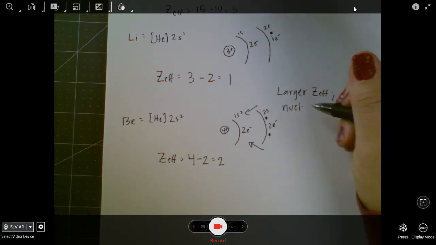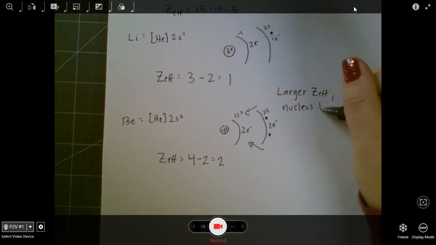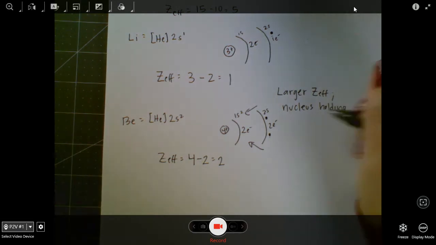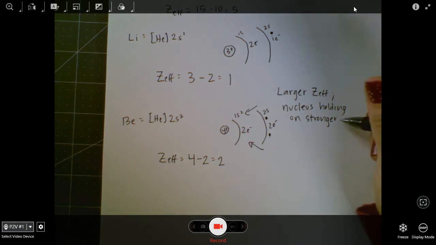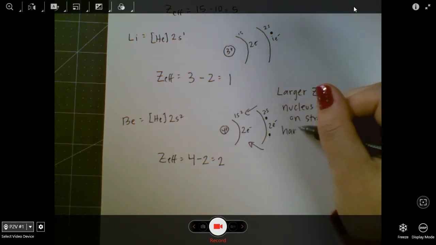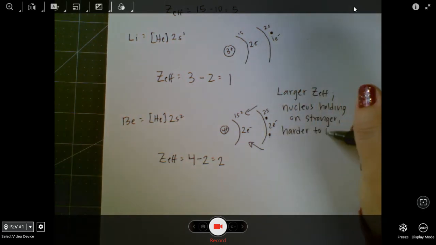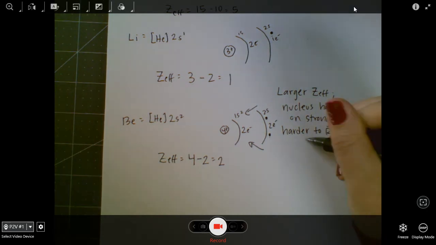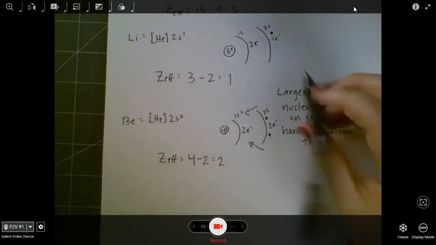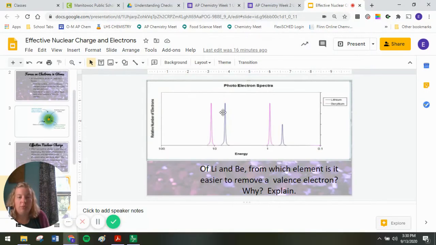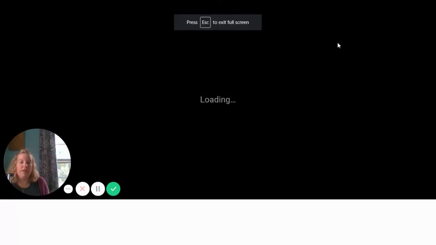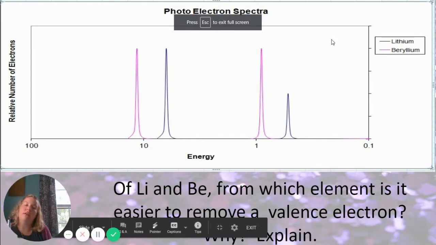I'm going to stop for a second so I don't spell it wrong. And if your nucleus is holding on stronger, it's harder to remove things. So if I go back to my spectra, a lot of clicking back and forth here, I apologize.